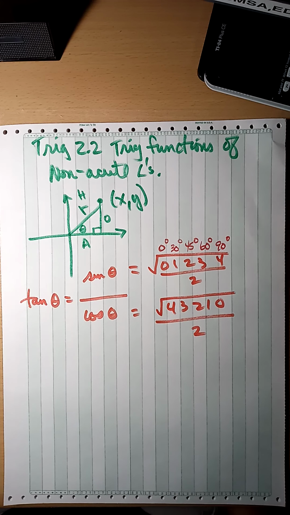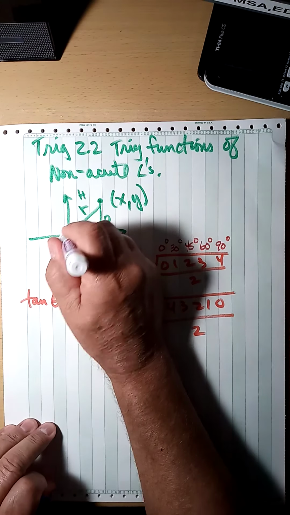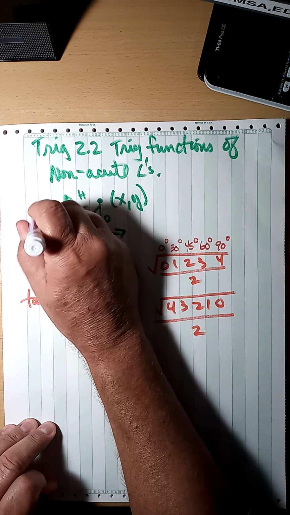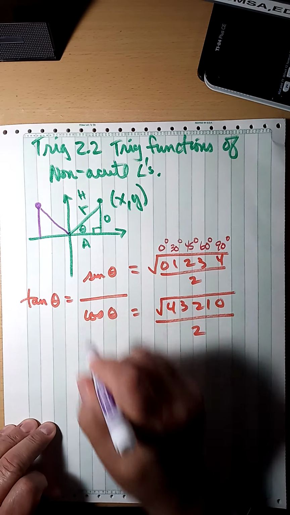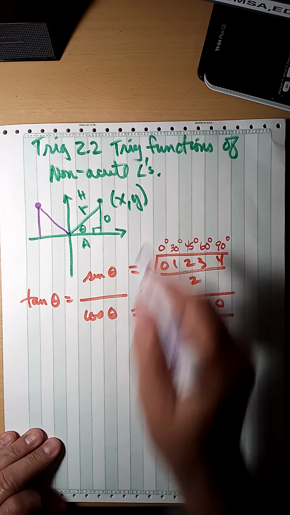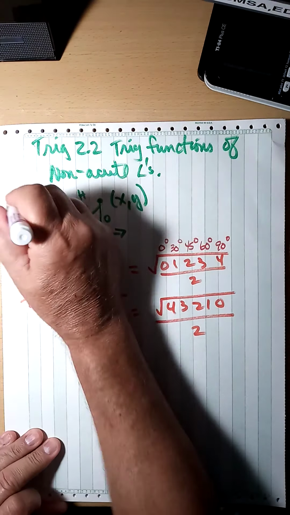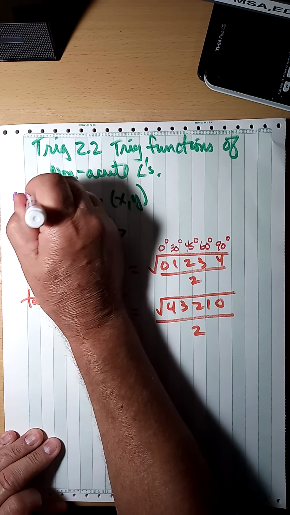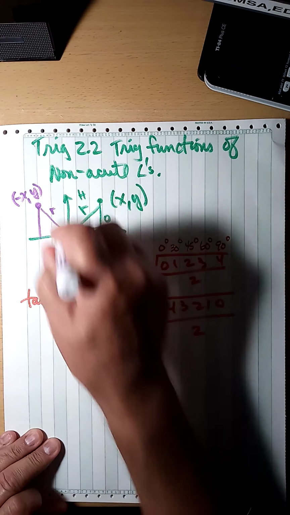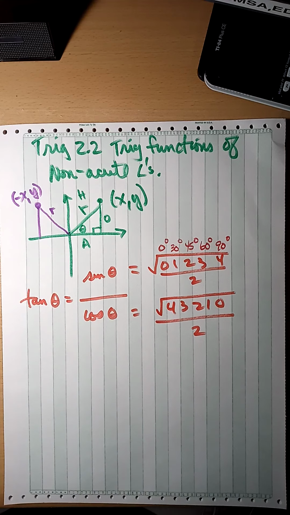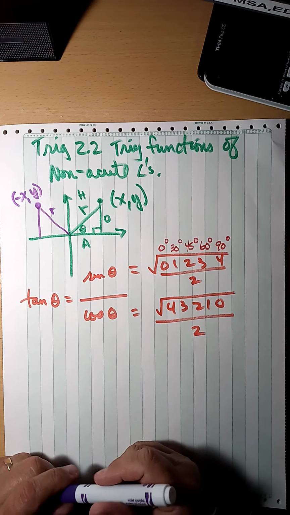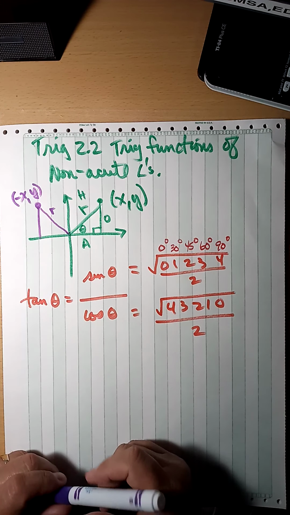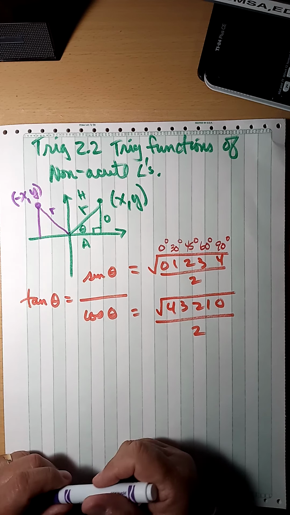If we can show that this makes a triangle that looks exactly the same, except maybe in a different quadrant, if this is (x, y), this could be negative x, positive y, but r is still the same. The values are the same, it's just that x would be negative and y would be positive. But as far as the values are concerned, they're all exactly the same.